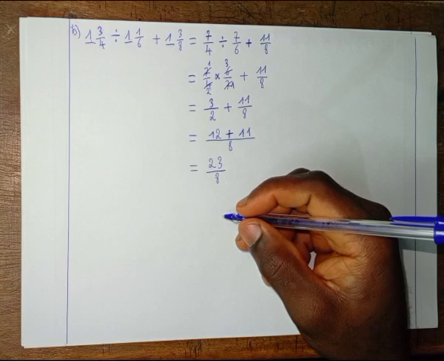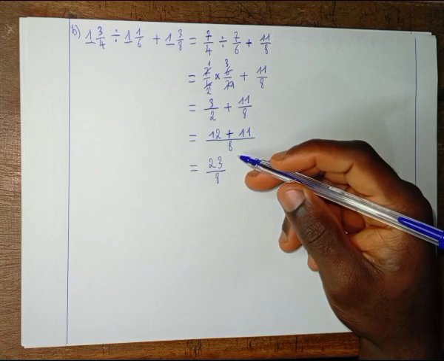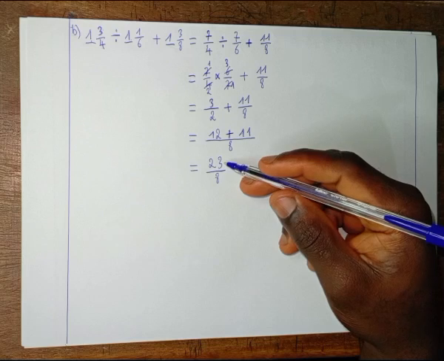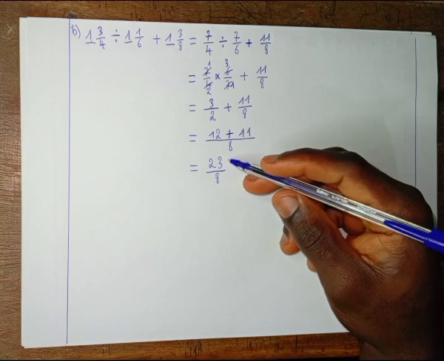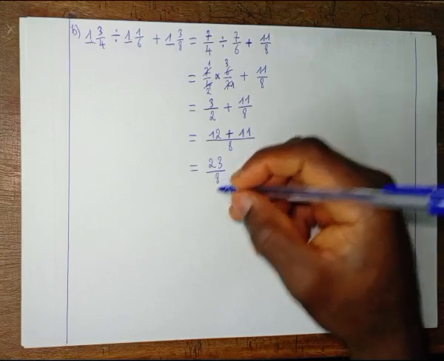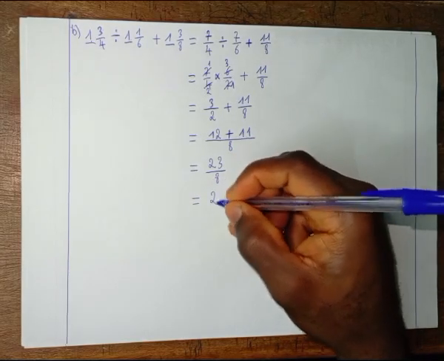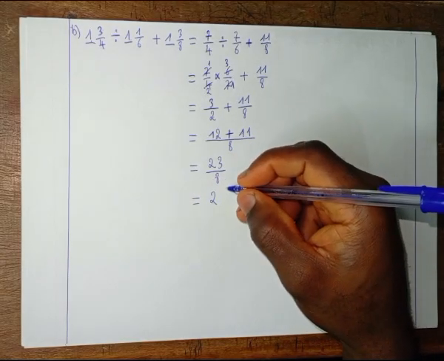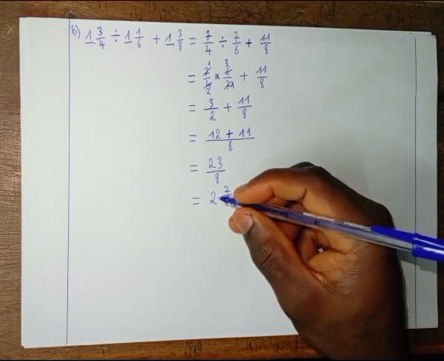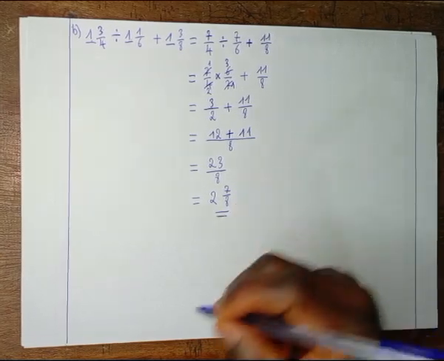The next thing, we are to convert 23 all over 8 to a mixed fraction. The whole number part will be 2 and the remainder is 7. This will give us 2 and 7 all over 8.